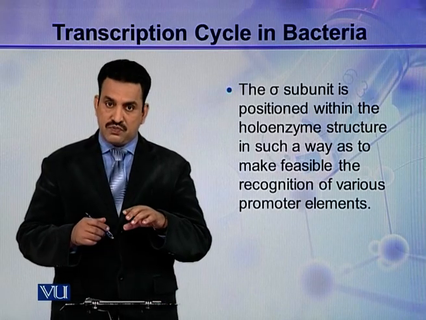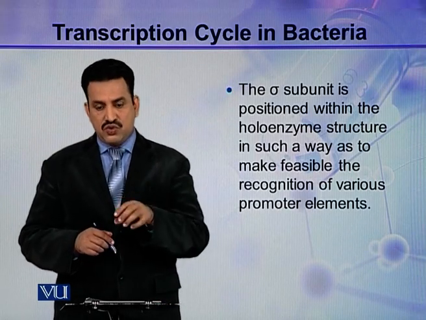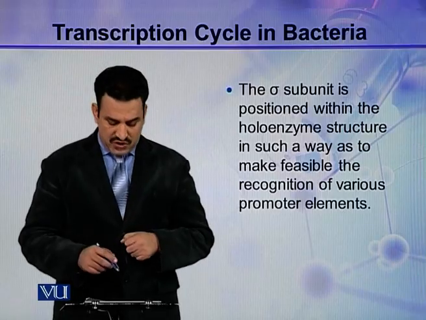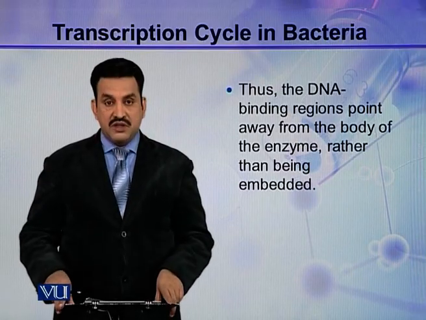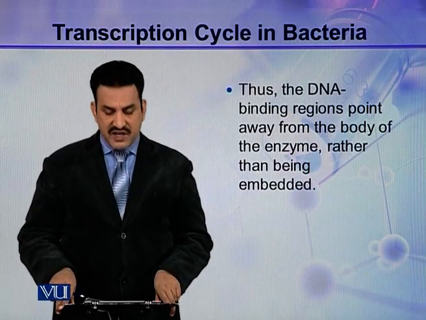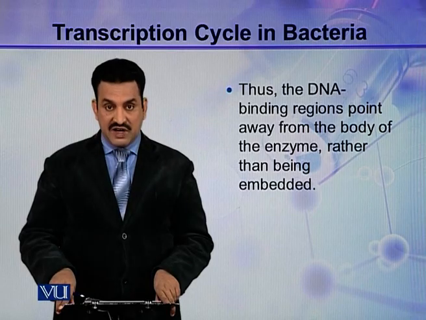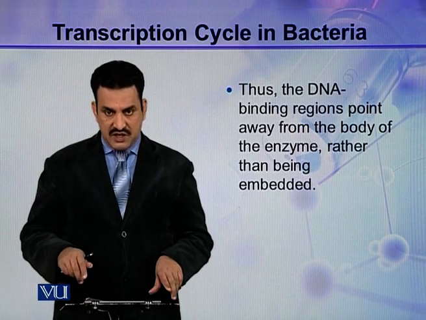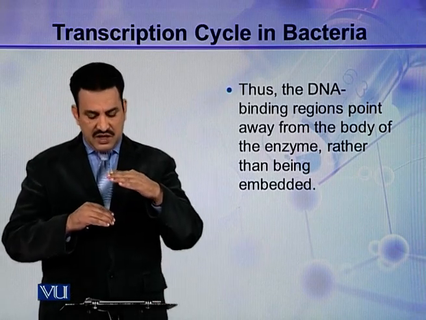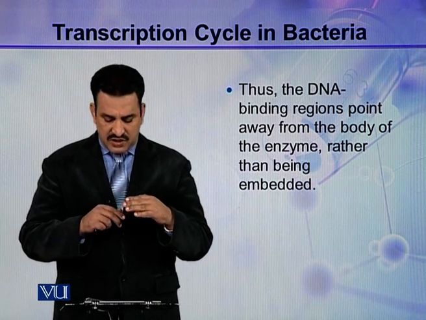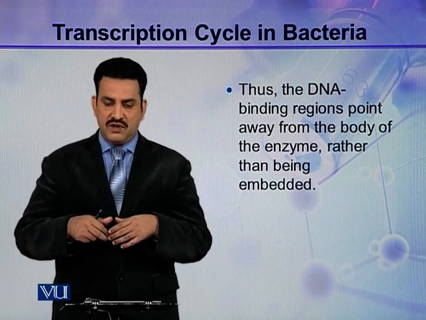So its position is like that to recognize different elements of the promoter. Thus the DNA binding regions point away from the body of the enzyme rather than being embedded. That is, the DNA binding regions point away from the body of the enzyme.